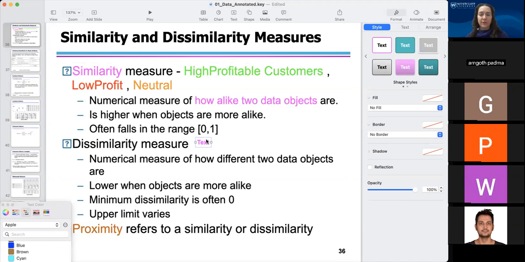Dissimilarity will be the opposite of similarity. That is, it will show how much they are not alike.